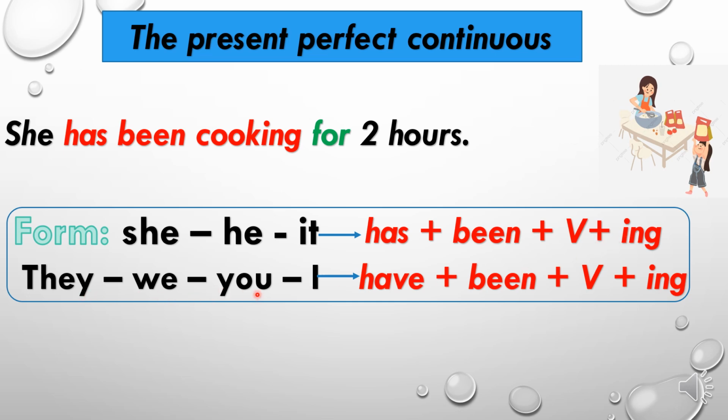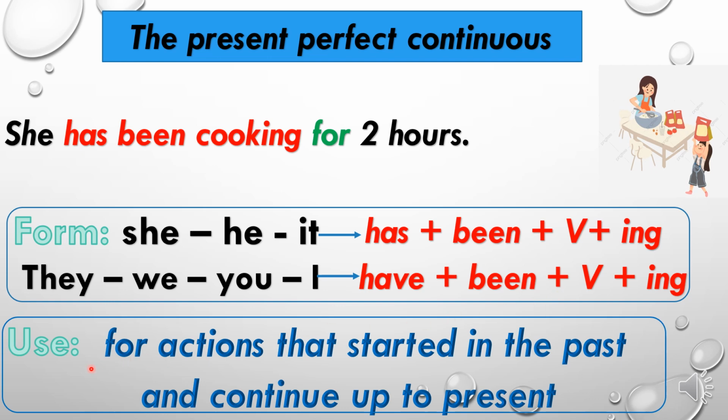They, we, you and I, we use have plus been plus the verb and ing. باقي الضمائر حتاخد have. إذا الفرق بين استخدام has و have، لكن الباقي لازم يكون been والverb and ing.